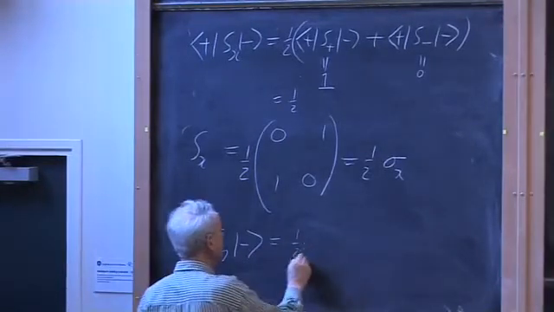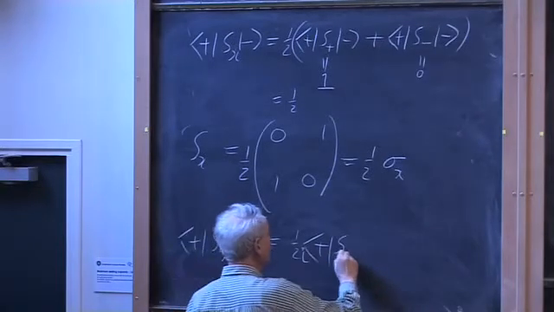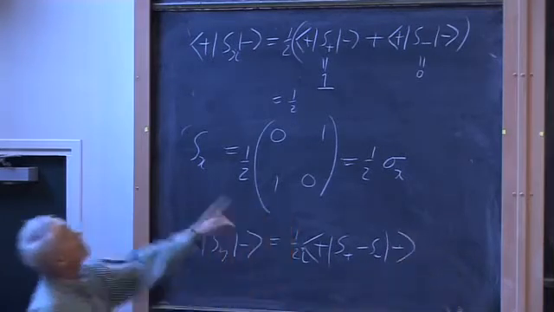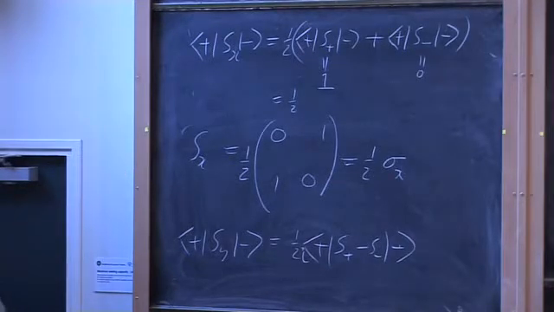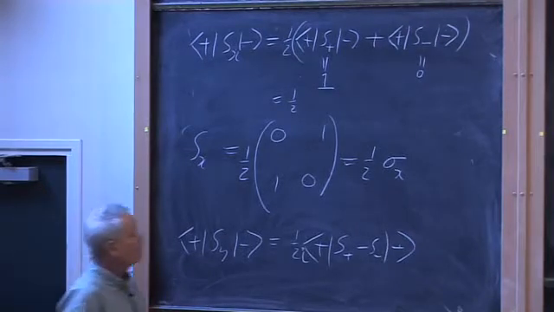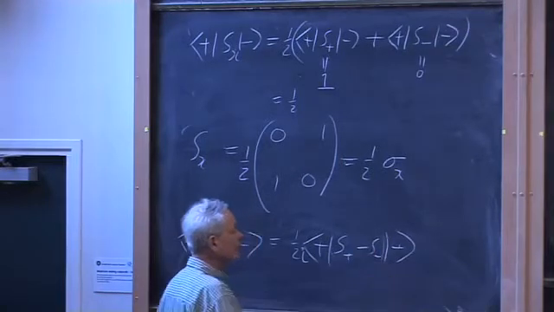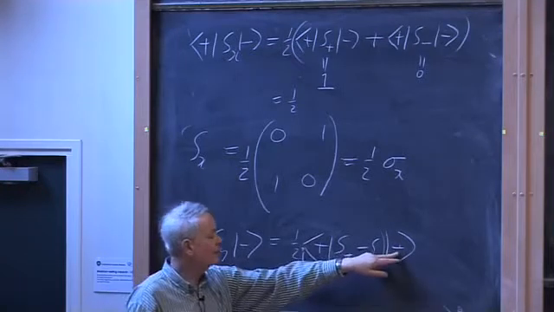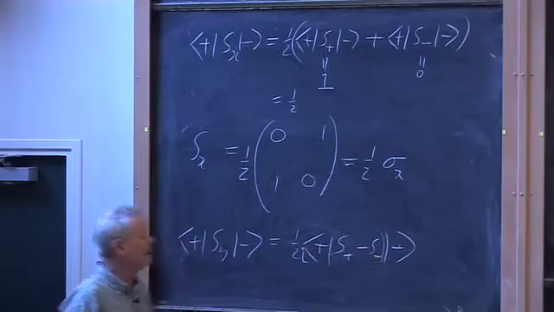we write this as a half of plus, 1 over 2i of S plus minus S minus, right? Because if you take the difference of Sx plus iSy and Sx minus iSy, you will end up with 2i Sy. So we have this, and what do we get? S plus raises minus to plus, so plus S plus minus again equals 1.